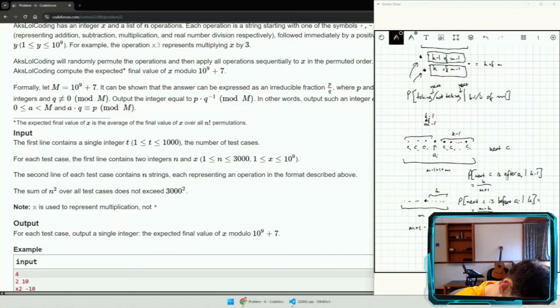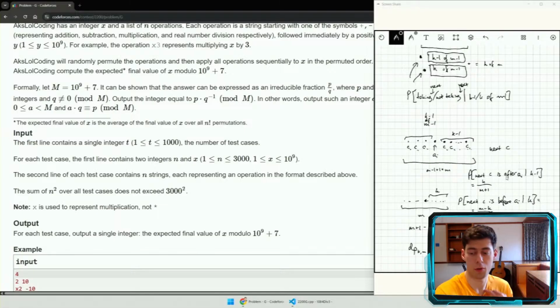And so we do k this times like the dp, like the expected coefficient, this dp, which is the expected coefficient, choosing k from m, is this times dp k minus 1 from m minus 1 plus m minus k over k plus 1 times dp k m minus 1.